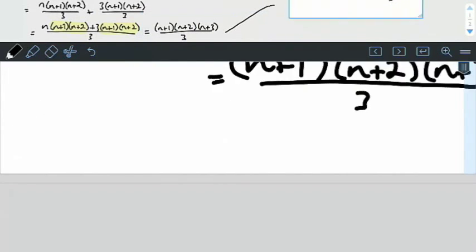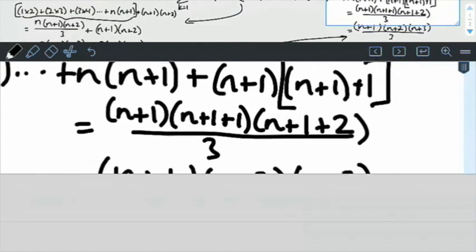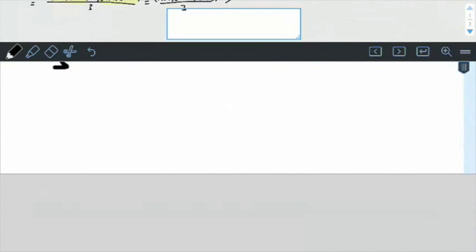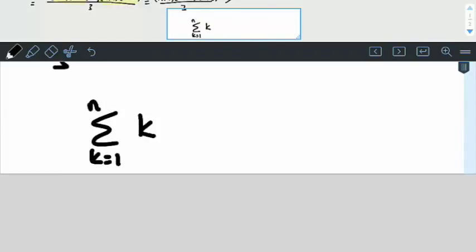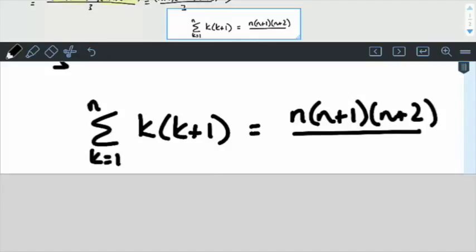This quantity is the same as this quantity right here, which we predicted to be our answer, based on this formula right here. Thus we can safely assume now, there's no longer an assumption as we have proved, that when you go from k to any arbitrary value n, the sum of all terms k times k plus 1 equals n times n plus 1 times n plus 2 divided by 3.